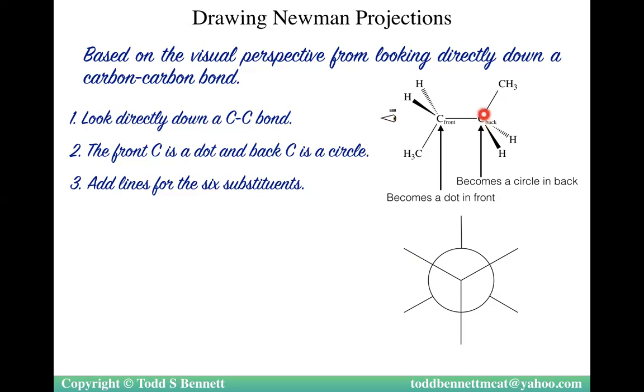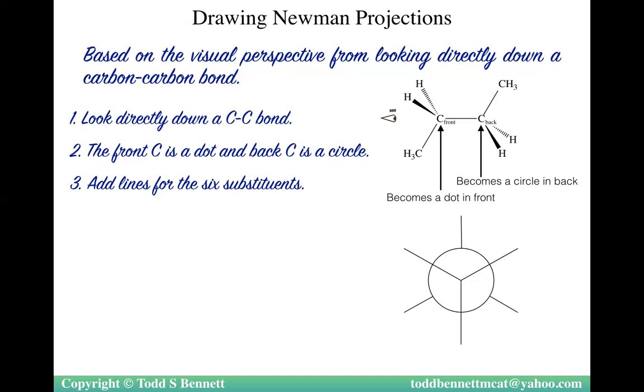In the back, again, I cannot see the carbon itself. So the circle represents the blocked portion. I cannot see it, so I just draw a circle. But I can see the CH3 sticking up. I can see this H going down and into the plane here, so down to the left. And here, looking from this side, it'd be going down and to the right.